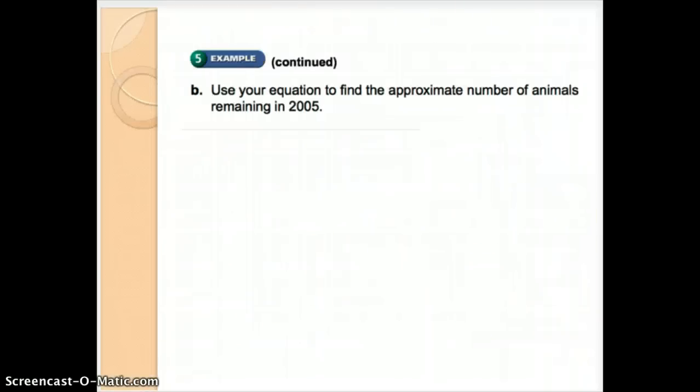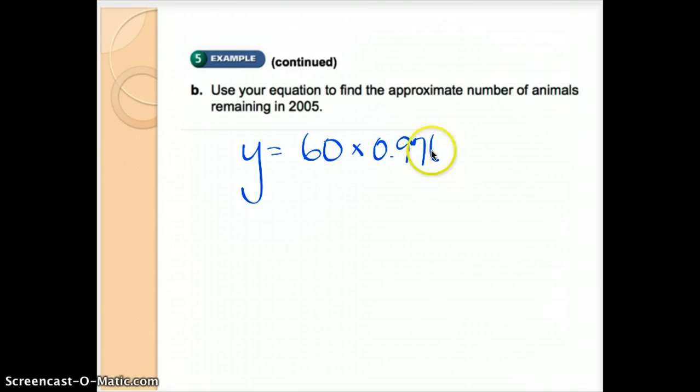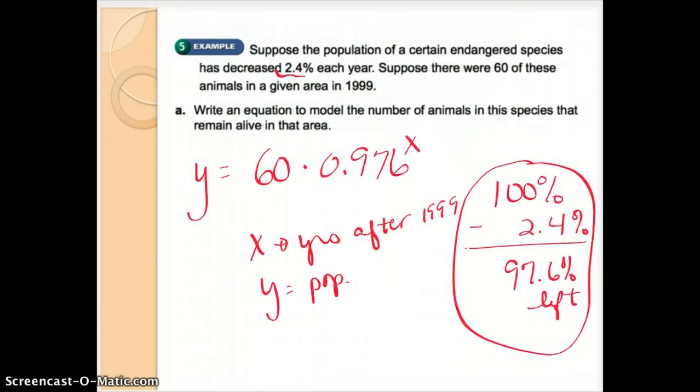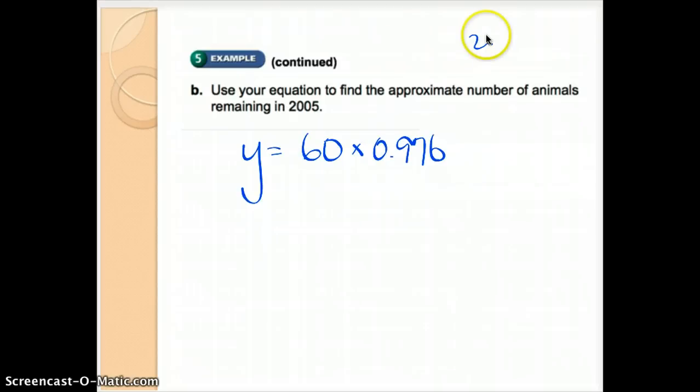All right, if I ask you to use your equation to find the approximate number of animals remaining in 2005, it was y equals 60 times 0.976 to the x, and x was the years after 1999. So in this case, 2005 minus 1999, we have 6 years afterwards.